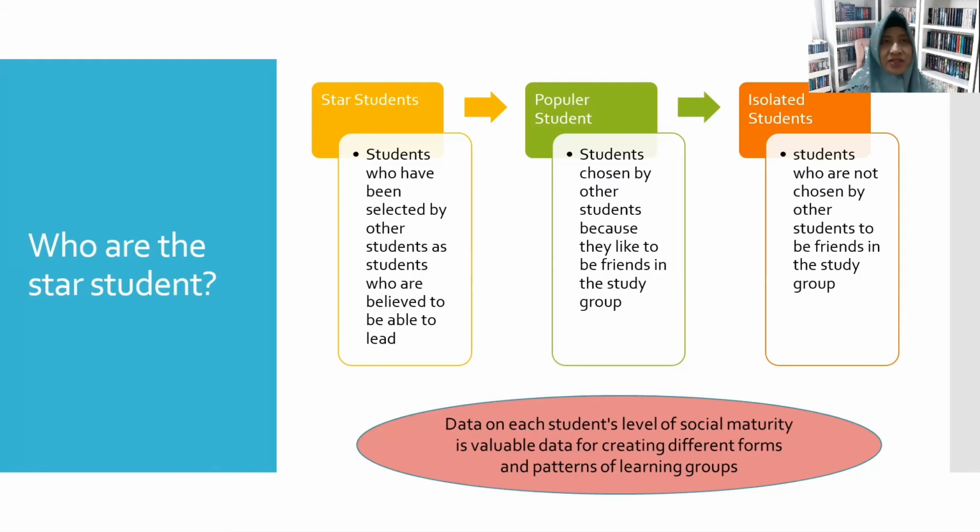And isolated students are students who are not chosen by others to be friends in the study group. And who are the star students? They are those who have been selected by others as students who are believed to be able to lead.